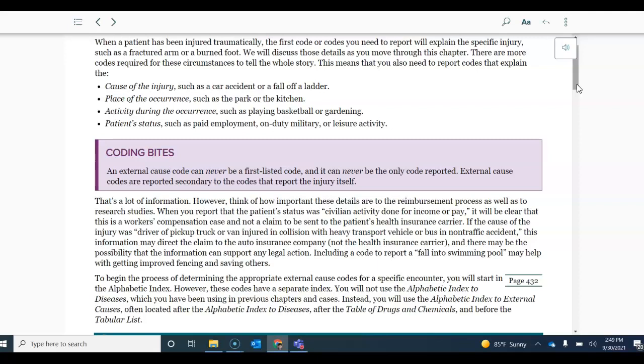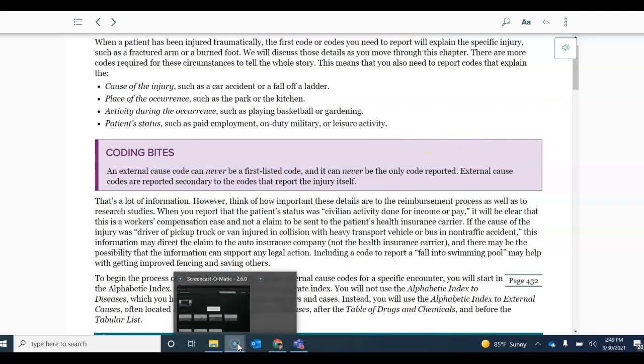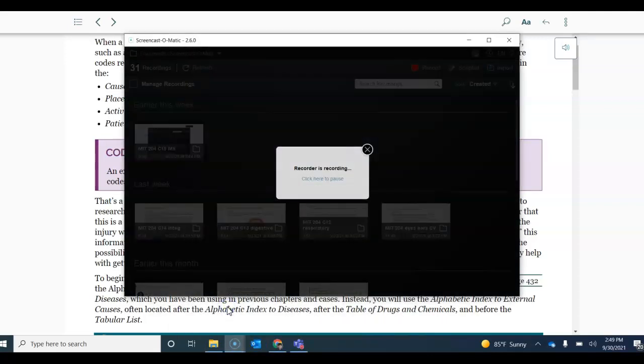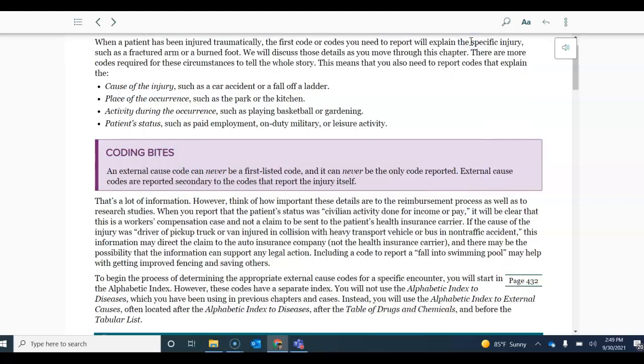When you look up your place, you're actually going to look under place. And then it's going to say things like home, and then it might narrow it down to a room in the home. Then for activity, you're going to look up activity. And then for that last one, where it says patient status, you're going to look up status.